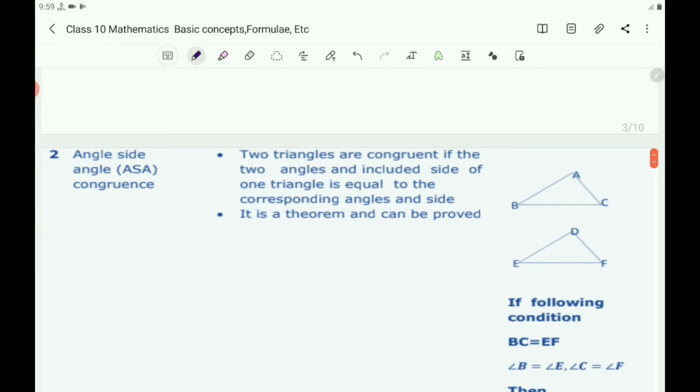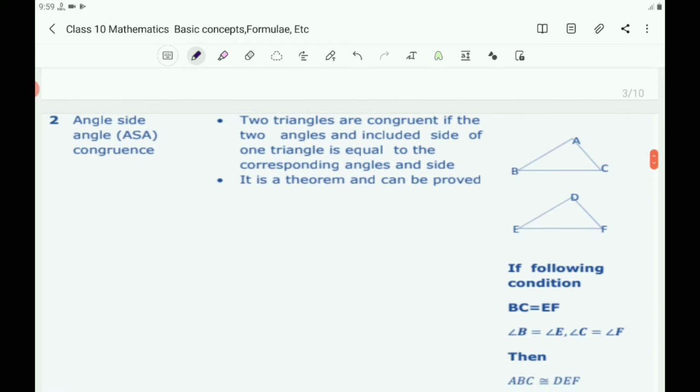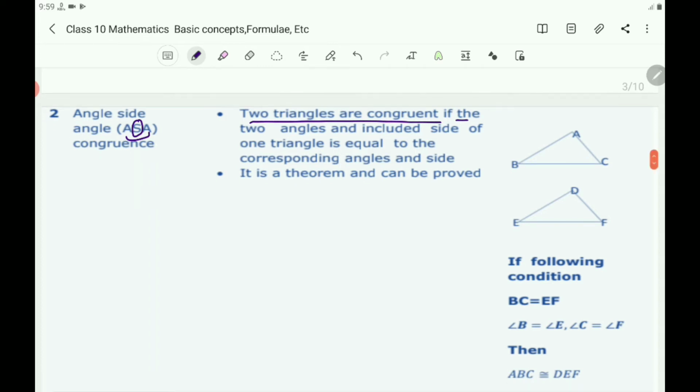Next, the ASA congruence rule, angle side angle. How can you define it? Two triangles are congruent if two angles and the included side of one triangle are equal to the corresponding two angles and included side of the other.